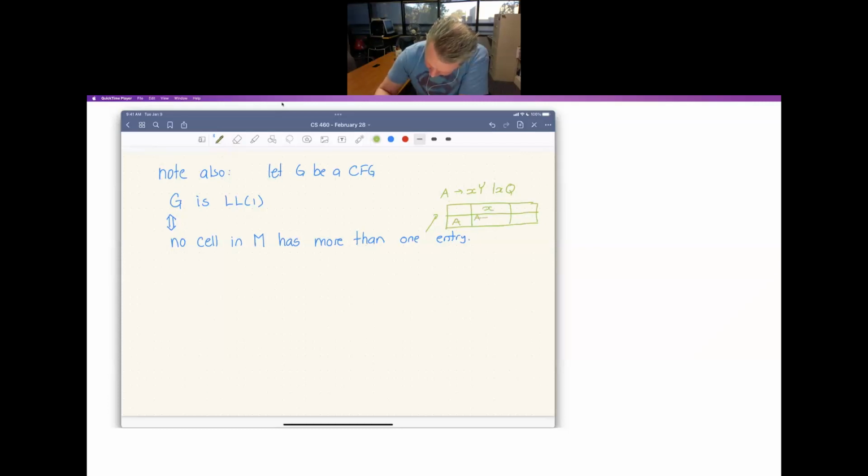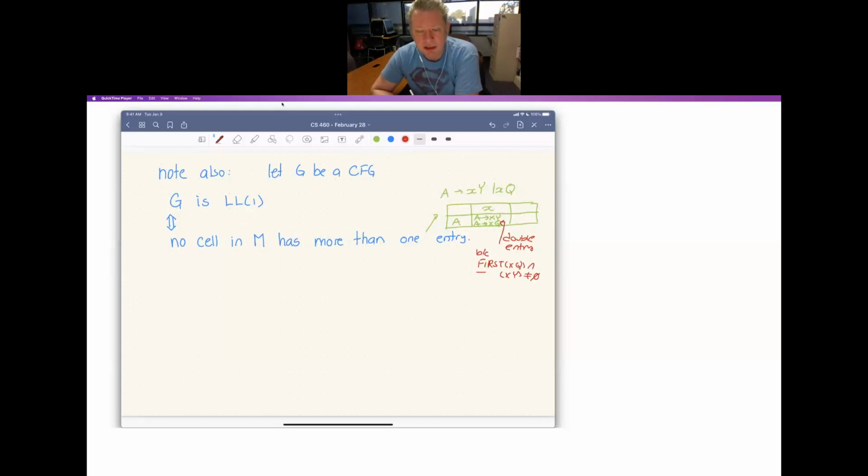Then I would get A goes to X, Y, and A goes to X, Q there. That is a double entry, because first of X, Q intersected with first of X, Y is not empty, and we know they have to be empty for things to be LL1.